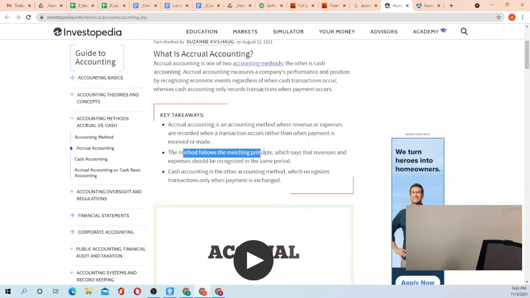And they also mention a matching principle here, which says that expenses should match the period when the revenues occurred. So when you get some revenues, you incurred some expenses to generate those revenues, and you need to recognize these revenues and expenses in the same period.